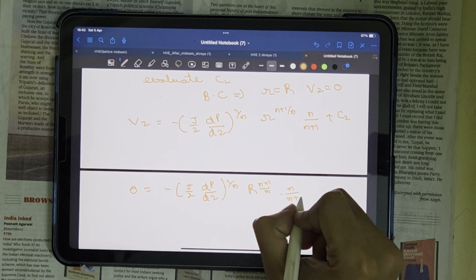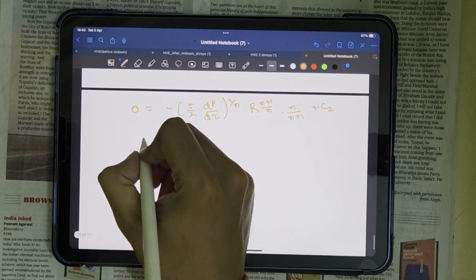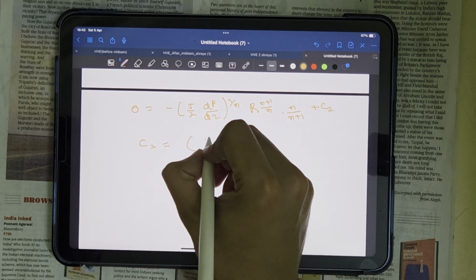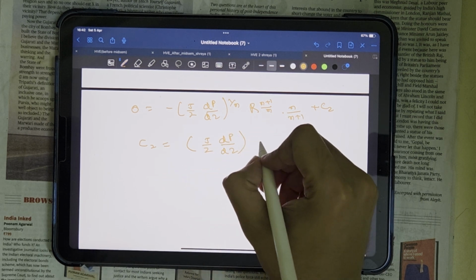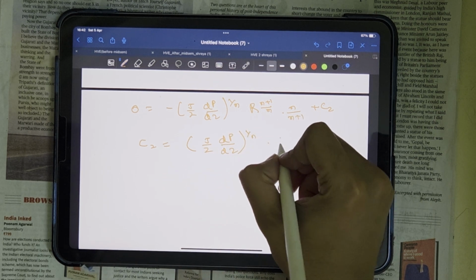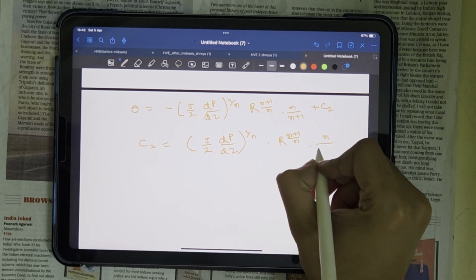So we can say C2 is equal to (J/2 dP/dz)^(1/n) times (1/n) R^((n+1)/n) times n/(n+1). Now we will put this C2 in this equation.